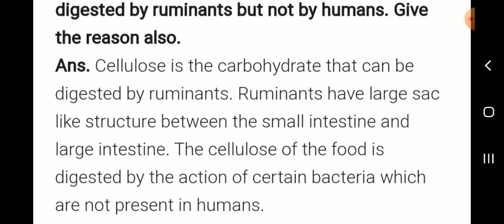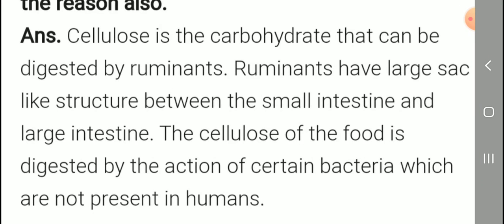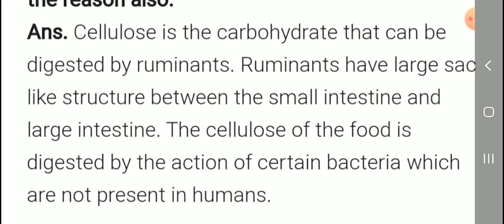Ruminants have a large sac-like structure between the small intestine and large intestine. The cellulose of the food is digested by the action of certain bacteria which are not present in humans.